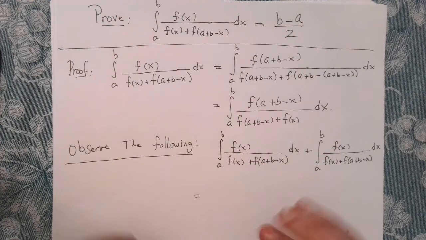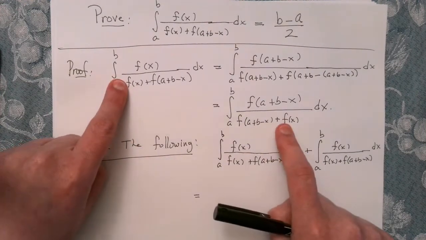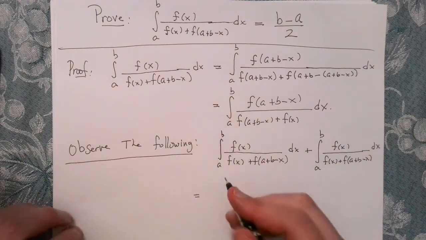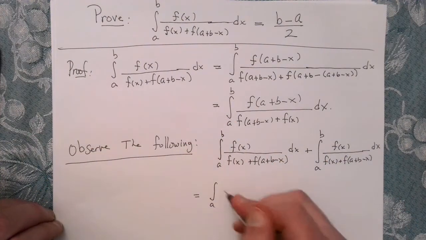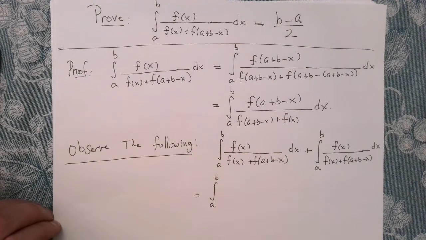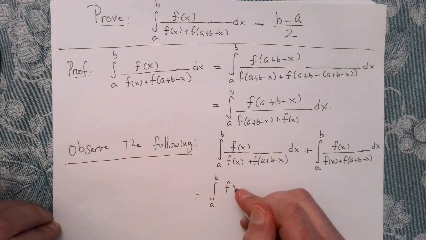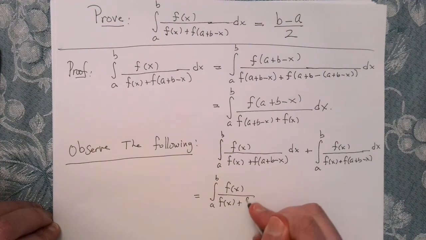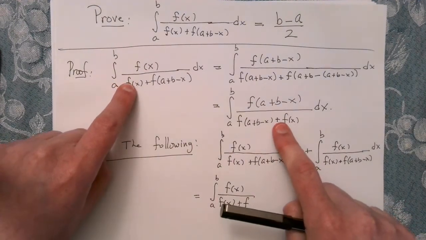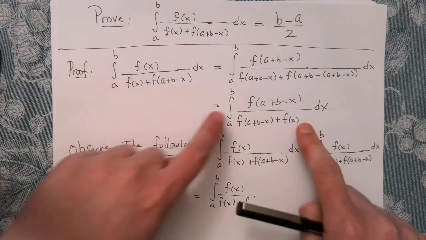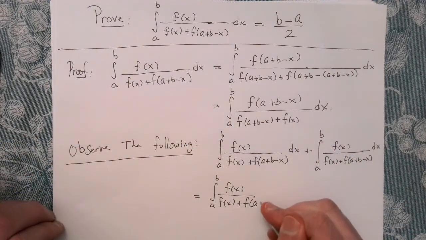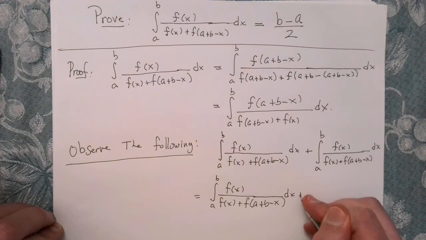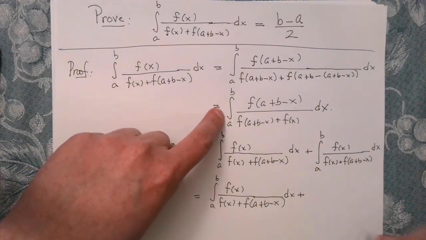The observation that we want to make is that since these are equal, I can feel free to replace this with this, right? A quantity may be substituted for its equal. So this is exactly this.